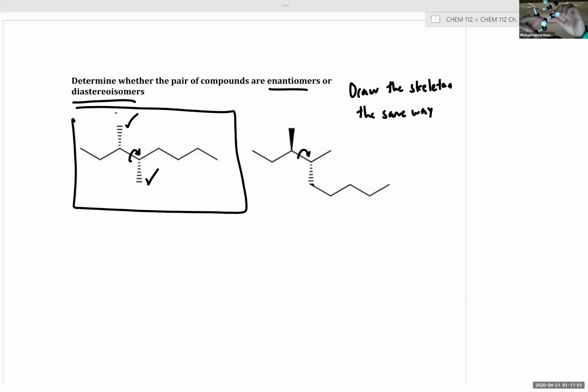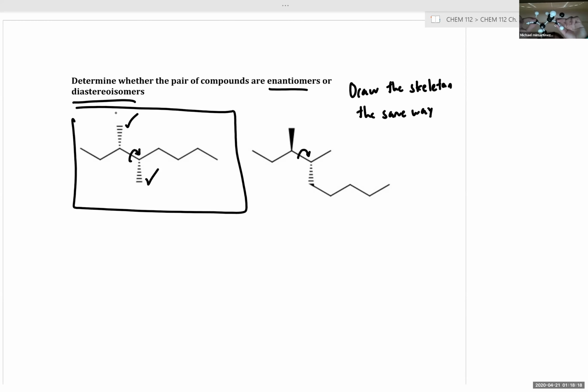Okay, so notice how our alkyl chain is depicted the exact same way as our drawing.